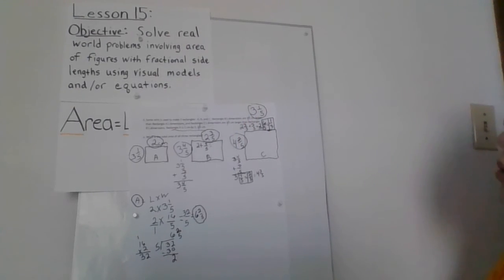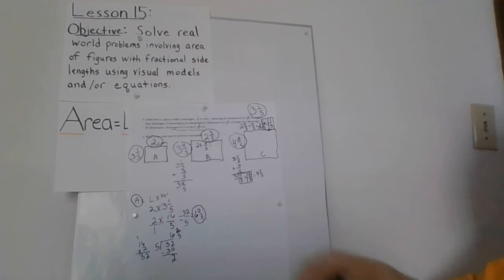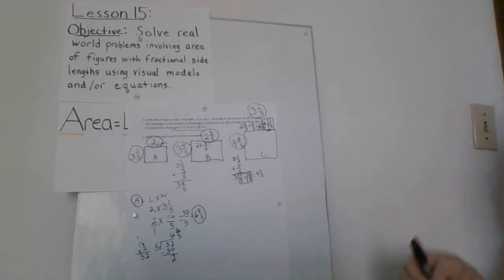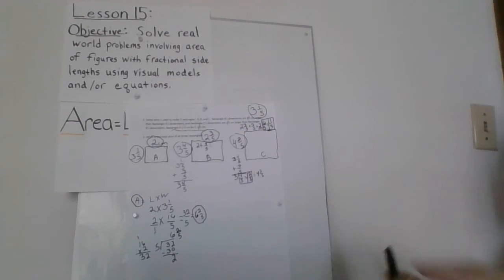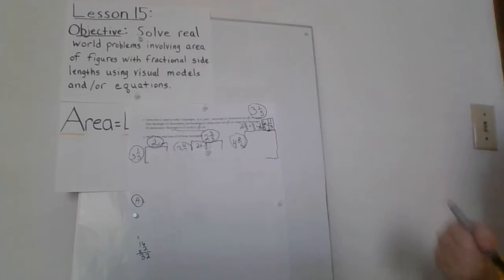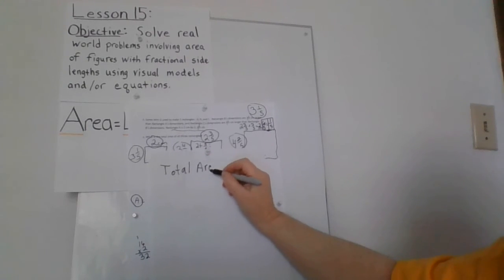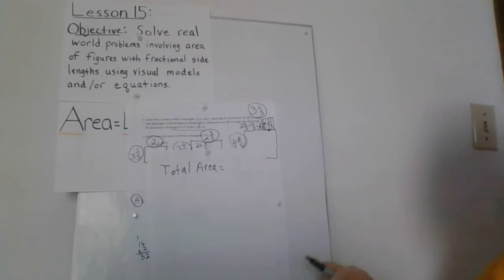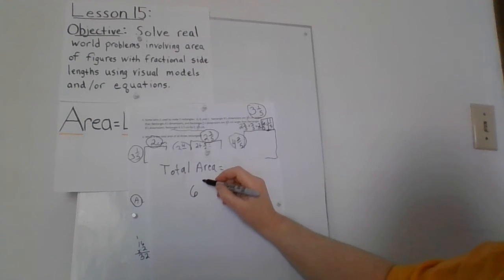So in order to find the total area, I'm going to take my area for letter A, my total area for letter B, and my total area for letter C, and I have to add them all together because it says total area.